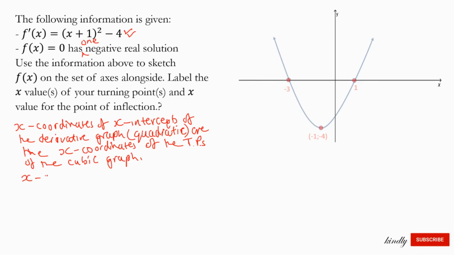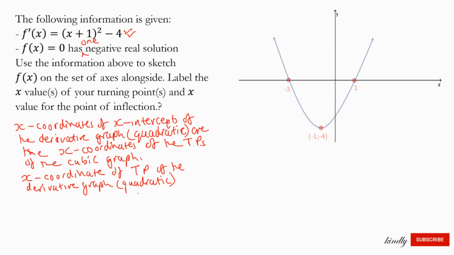And then the x-coordinate of the turning point of the derivative graph, in this case quadratic. Remember I said if you derive the cubic function, you get a quadratic function.